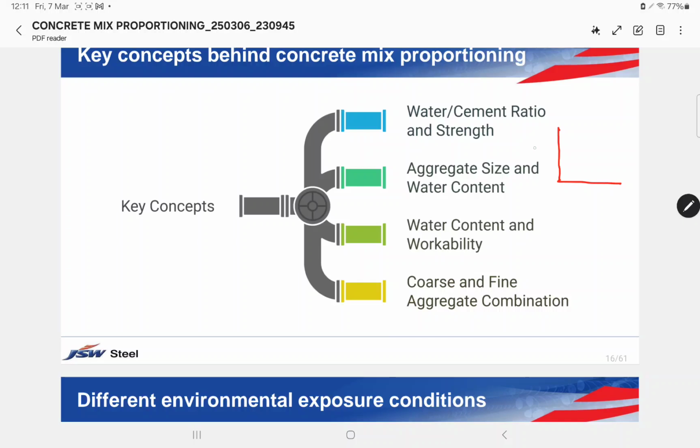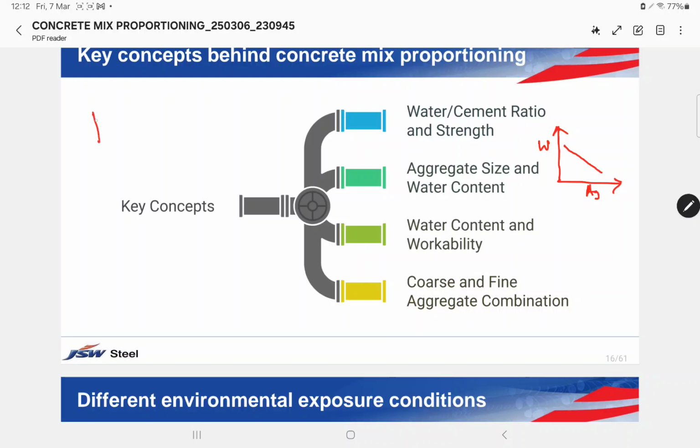Let this be my water content, and this is aggregate size. So as aggregate size increases, my water demand decreases. Let me explain how and why this happens.